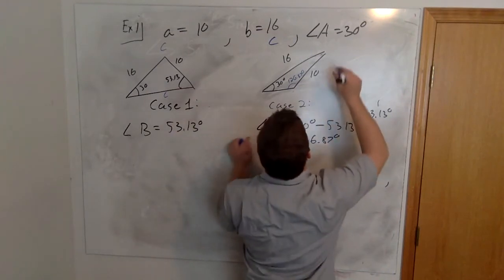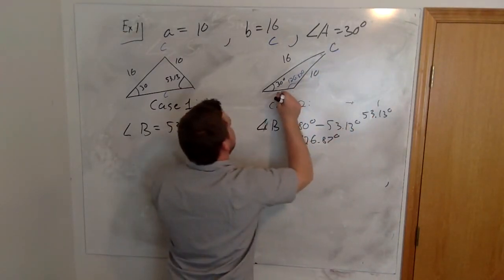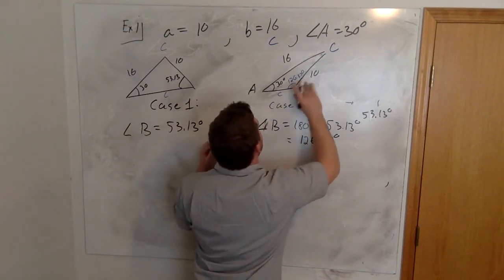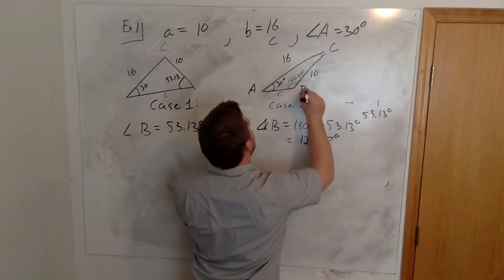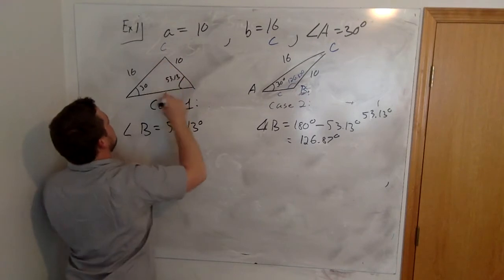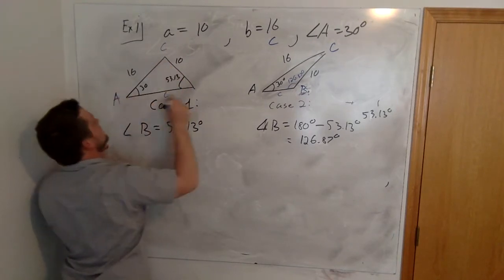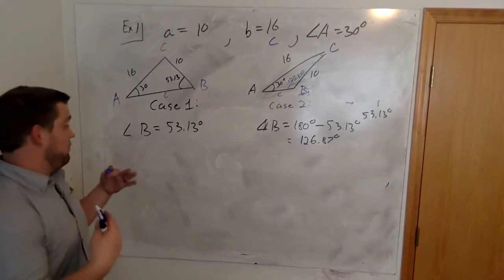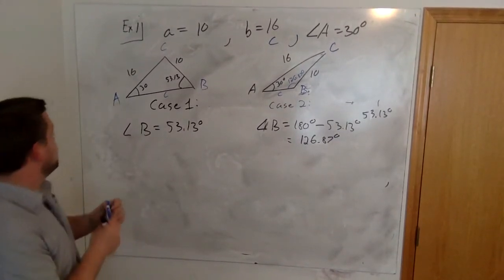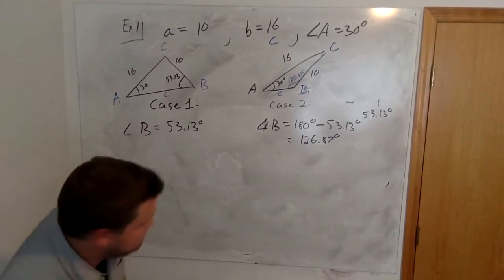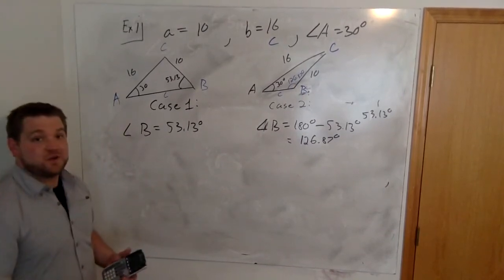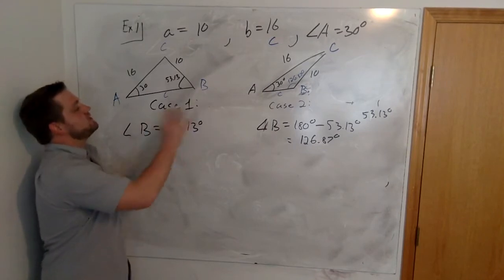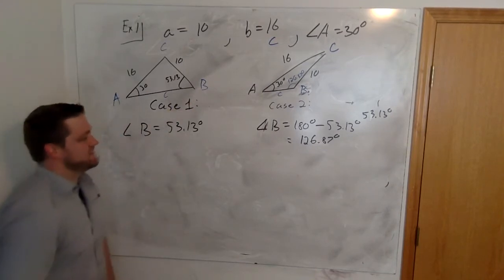We would still need to figure out angle C and side length C. So we have these two situations we have to look at. So this would be A and this would be B. Okay, so we have to solve both of these. Okay, let's see what case 1 would be. This might be a good time for you to pause the video and try to complete the triangles for each of these cases.